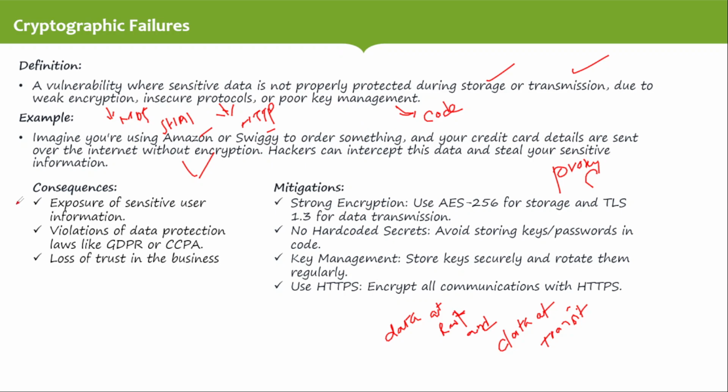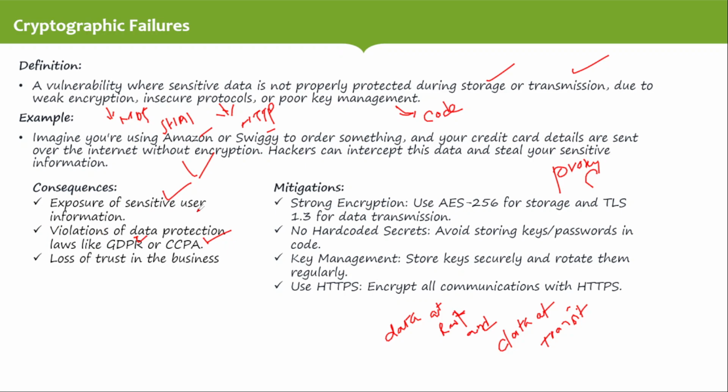Then coming to the consequences of cryptographic failures: exposure of sensitive user information, and violation of data protection laws like GDPR or CCPA. Applications that hold any kind of customer data need to comply with these laws or regulations.